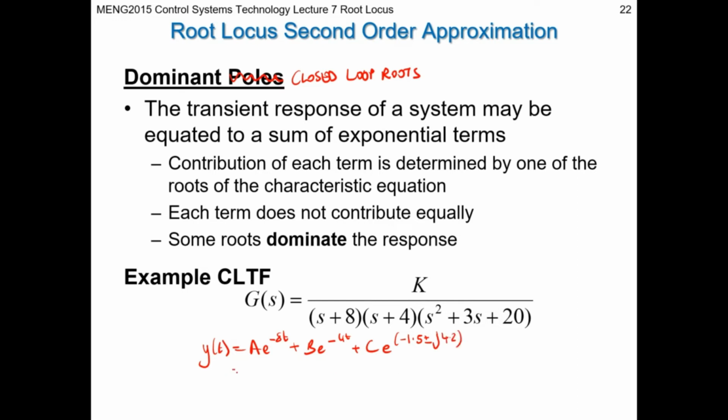And that could also be written as A e to the minus 8t plus B e to the minus 4t plus C e to the minus 1.5t sine 4.2t plus phi, right?